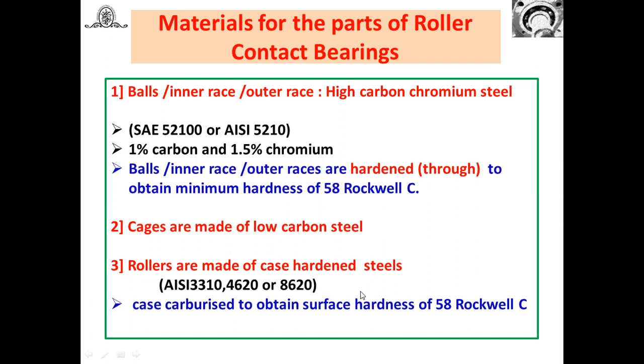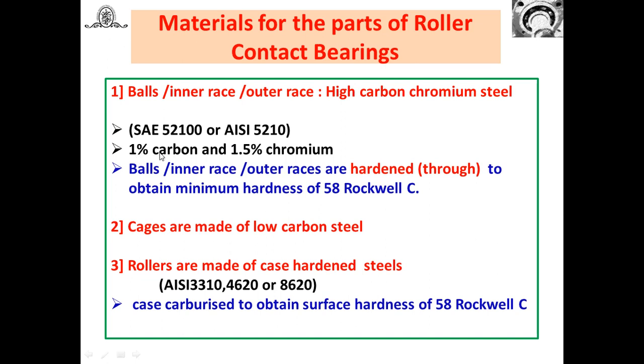Okay, now let us see the materials used for the parts of a roller contact bearing. Now you know very well, roller contact bearings consist of basically three parts. One is the balls, the rolling elements. The second one is the inner race and outer race. The balls, inner race and outer race are made of high carbon chromium steel, or you can say SAE 52100 or AISI 52100.